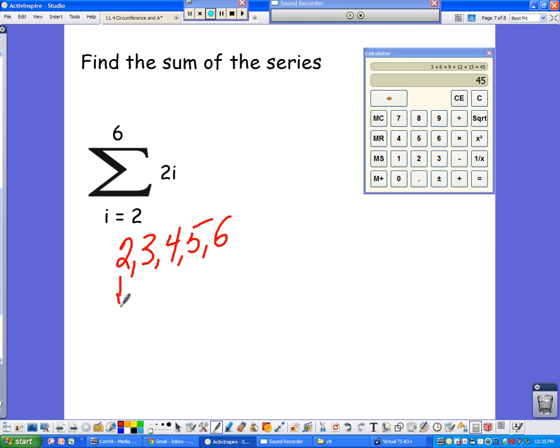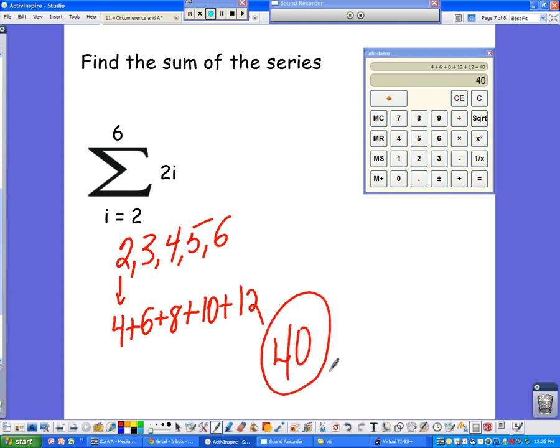So this one, 2 times 2 is 4, plus 2 times 3 is 6, plus 2 times 4 is 8, plus 2 times 5 is 10, plus 2 times 6 is 12. And then we just add those up. 4 plus 6 plus 8 plus 10 plus 12 gives us an answer of 40. Okay?